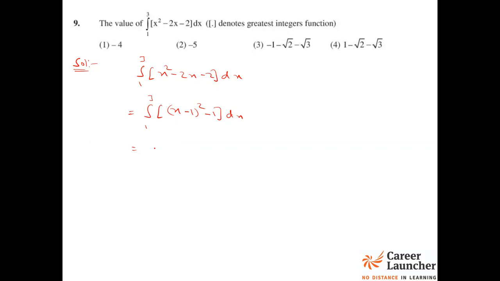So it will become integral 1 to 3 step of x minus 1 whole square, minus integral 1 to 3 of 3 dx. Right? Now let x minus 1 is equal to t.